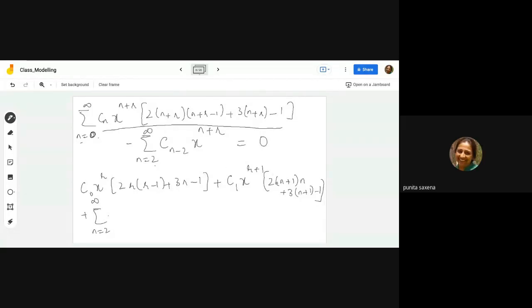Oh, I'm sorry, yes, I'm putting n equal to 1, so it's going to be r plus 1 into r, and then 3 into r plus 1. Yeah, that's right. And then summation n from 2 to infinity, I have x to the power n plus r into c_n into this whole term, 2(n plus r)(n plus r minus 1) plus 3(n plus r) minus 1, minus c_(n minus 2), equal to 0. Is that right?